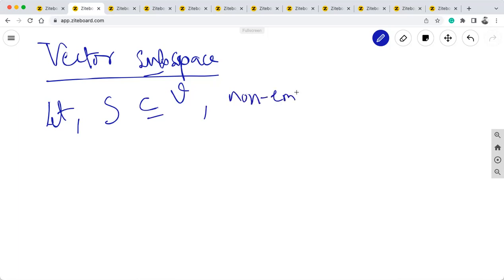That means there should be some elements; it is a non-empty set.